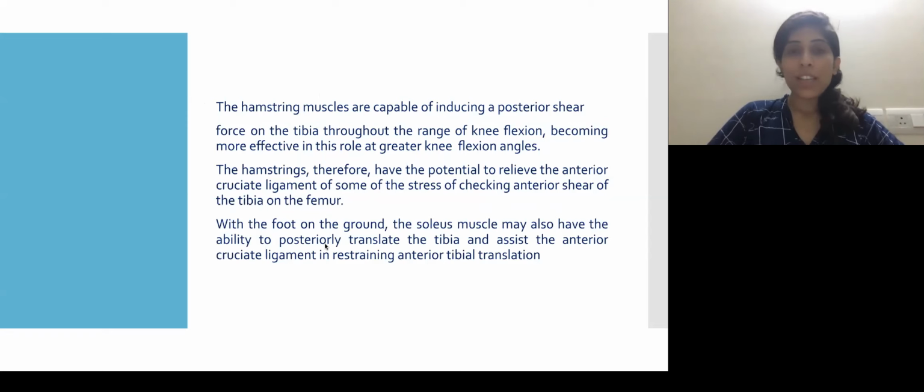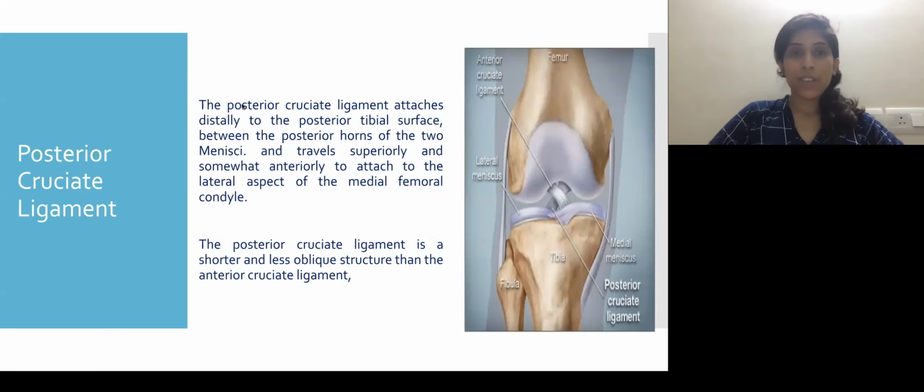So whenever the ACL injury is occurring, and if this hamstring is getting activated, it helps to control the knee position, or it helps to avoid the excessive anterior translation. Okay, so along with this hamstring muscle, the soleus muscle also has the ability to produce the posterior translation of the tibia and to assist the anterior cruciate ligament in restraining the anterior translation.